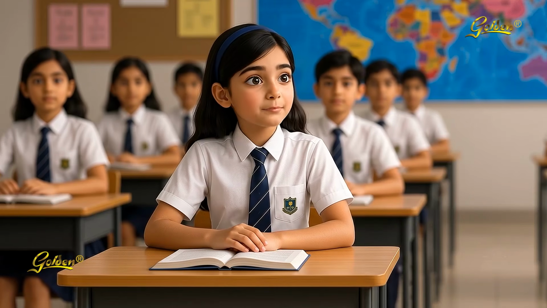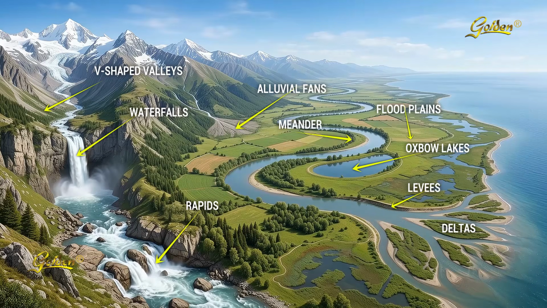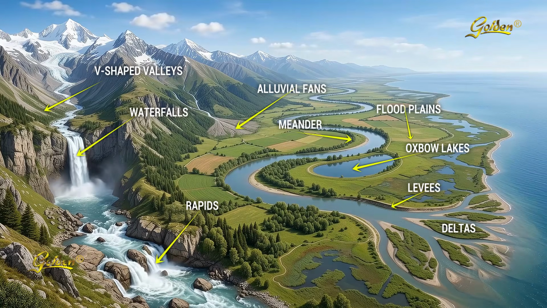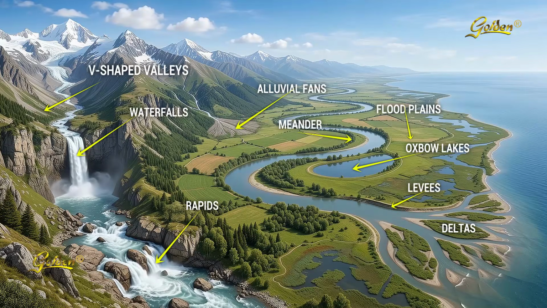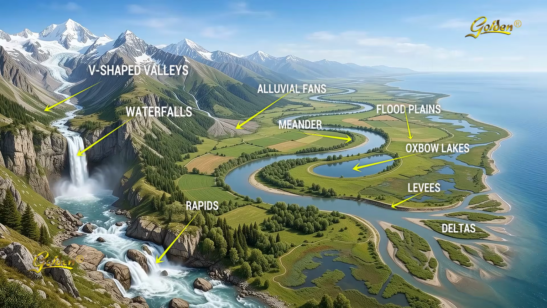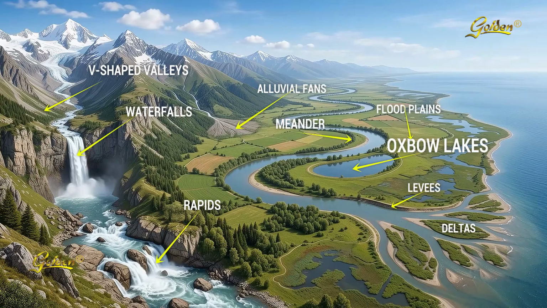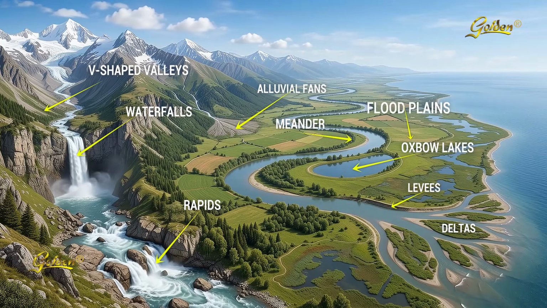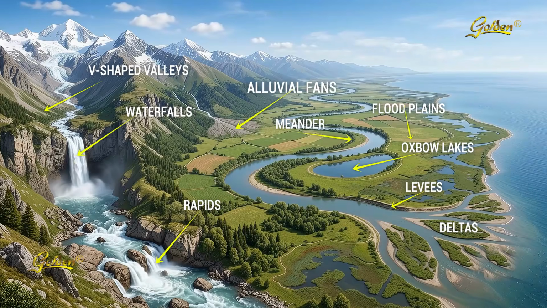What is running water, ma'am? What does it exactly do? The course of river is called running water. It helps form V-shaped valleys, waterfalls, rapids, meander, oxbow lakes, floodplains, deltas, levees, and alluvial fans.